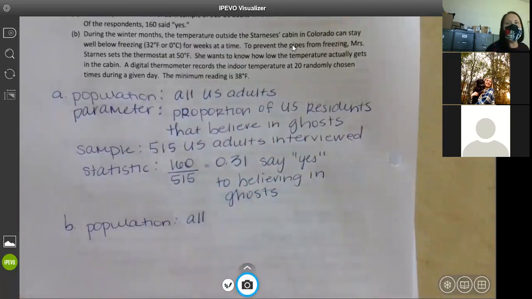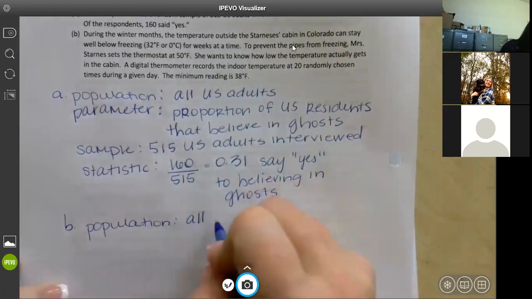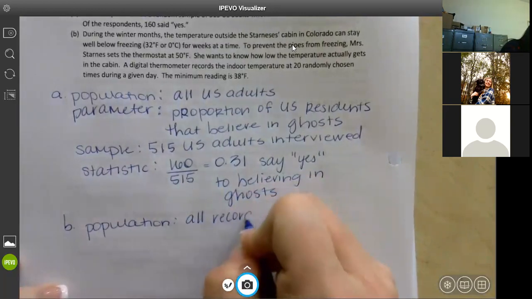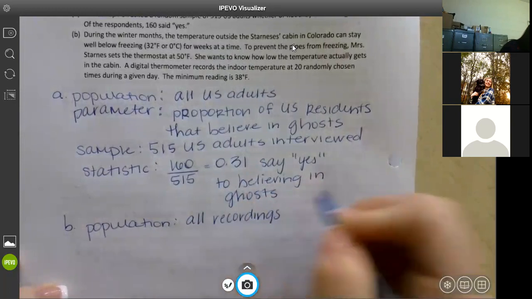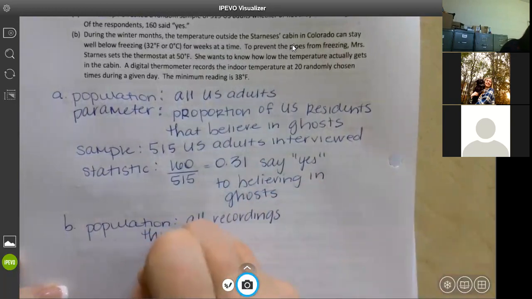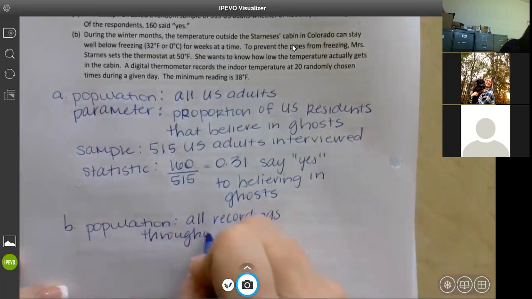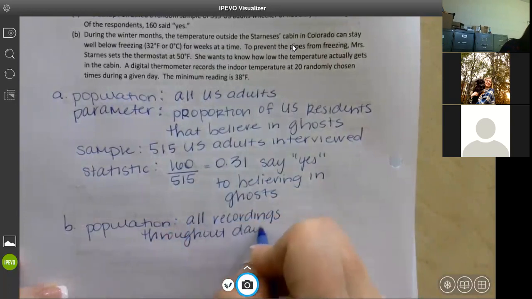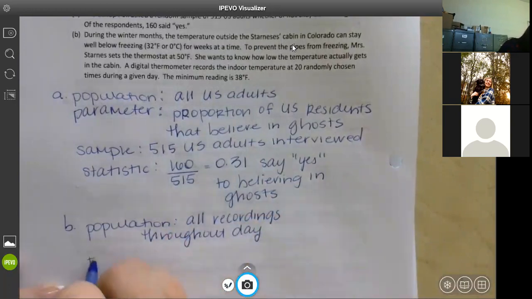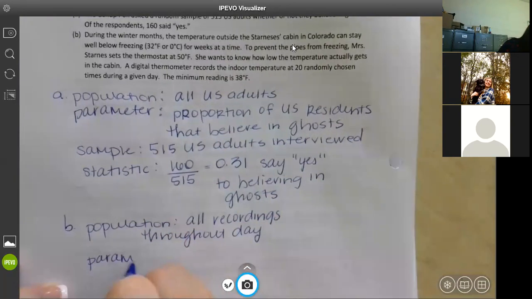And not just indoor temperatures, but indoor recordings or readings. Make sure you make it a little bit more specific, but that's perfect. I'm going to write parameter, but I'm going to skip, like I said, I like to skip to the sample.